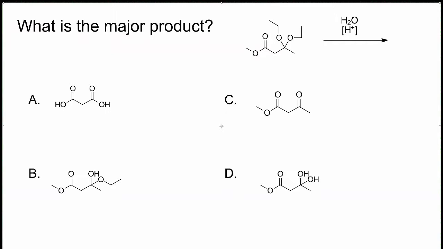All right, so most of you are choosing C, which is the correct answer. So the acid and water are just going to give us our carbonyl back. So we're going to get C there. All right, questions on this one?